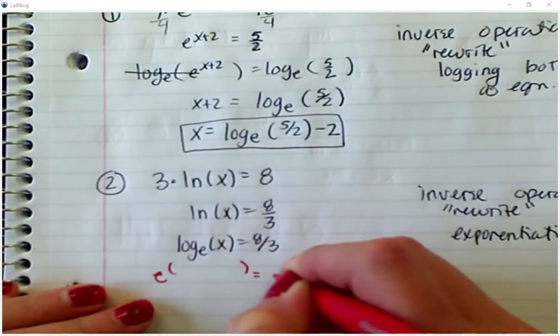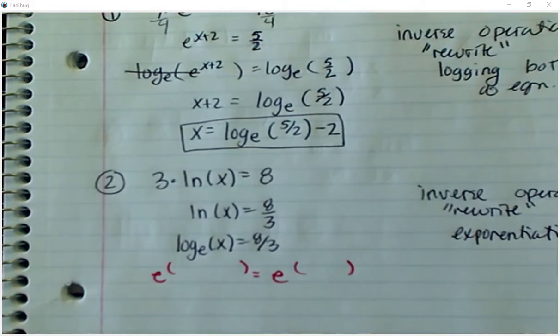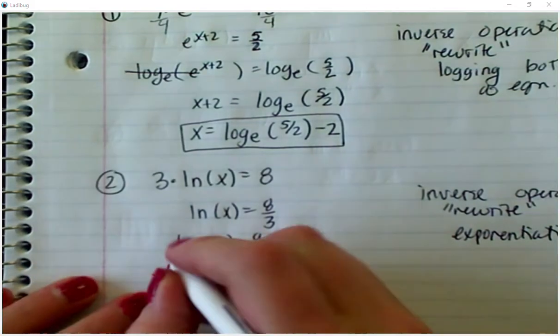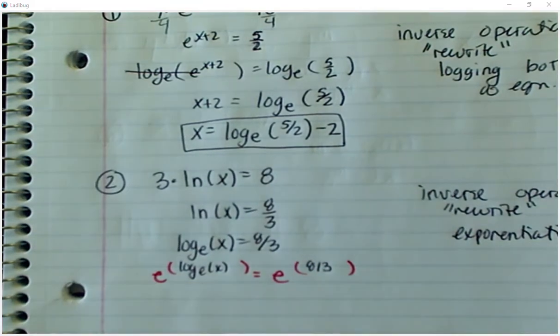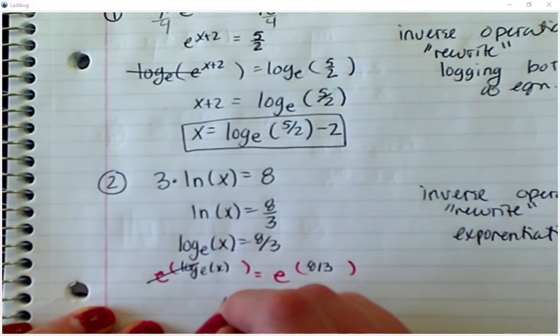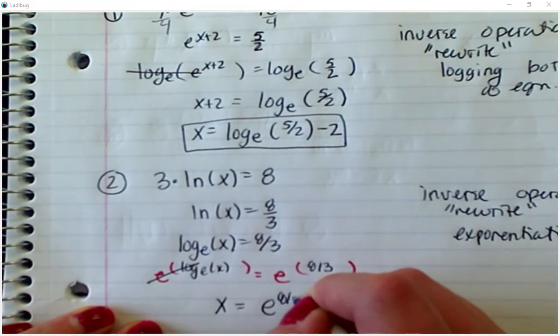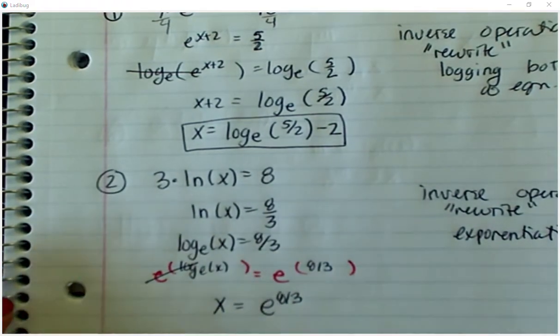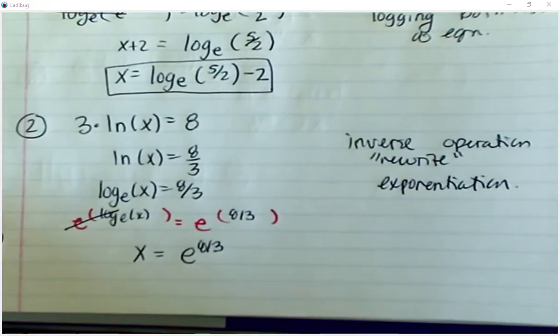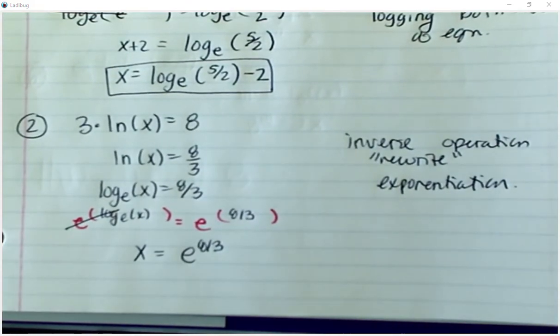E. Okay, I created the base e, and whatever is existing, the left side of the equation becomes the exponent. And then you're like, oh, it's the inverse property that allows me to rewrite this. Which is just rewriting it. That's all it is. The inverse operation is rewriting it. And then I have x equals. That's it. X equals is what you're trying to get.